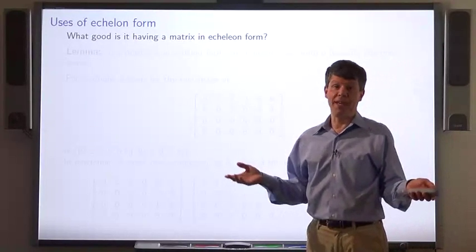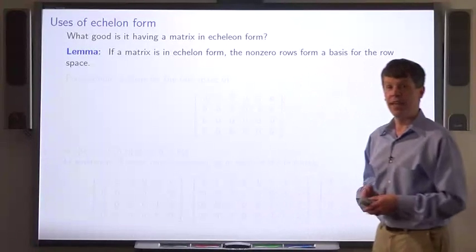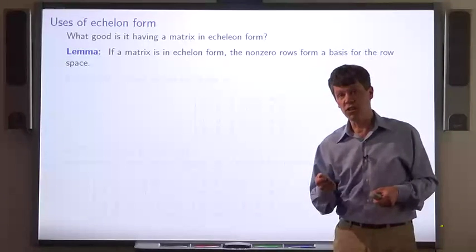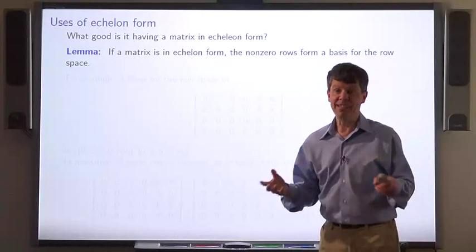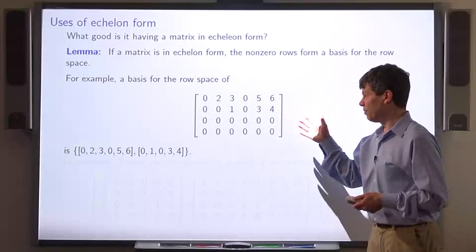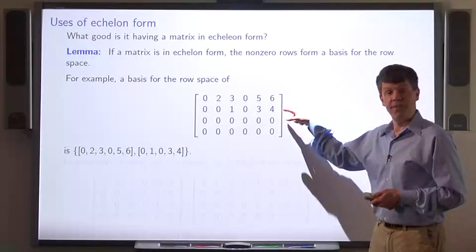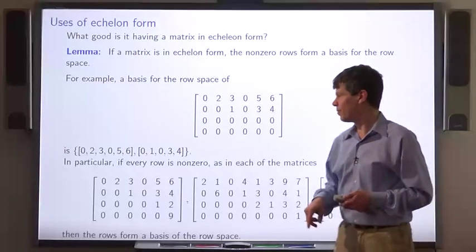What good is it having a matrix in echelon form? One thing is that the non-zero rows of the matrix form a basis for the row space of the matrix. For example, in this matrix, a basis for the row space is given by these first two rows.